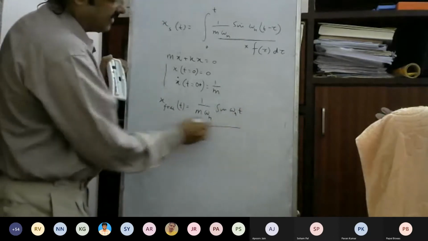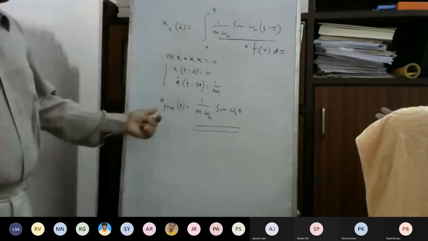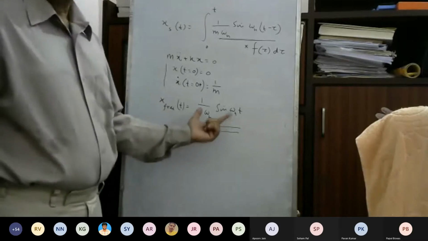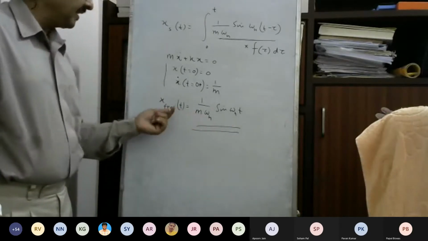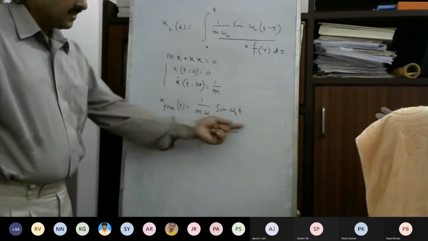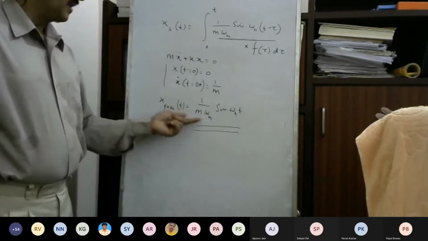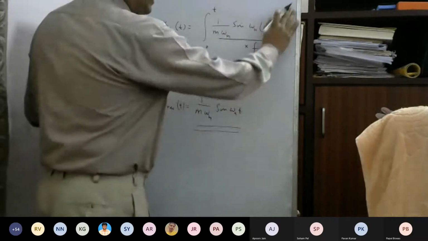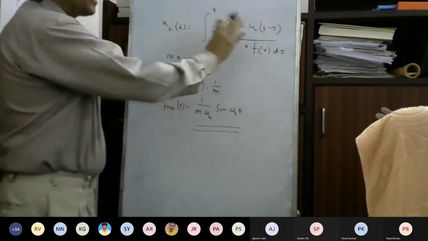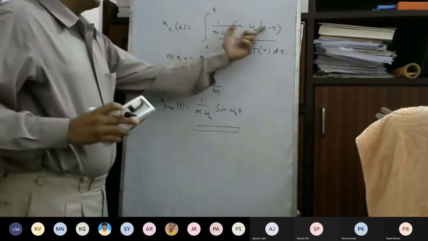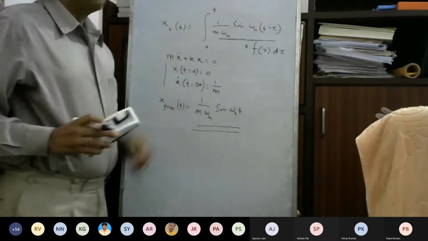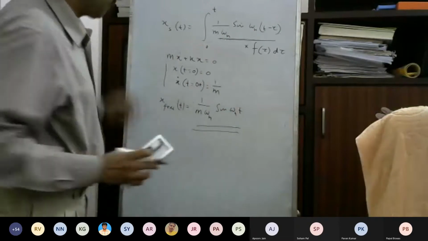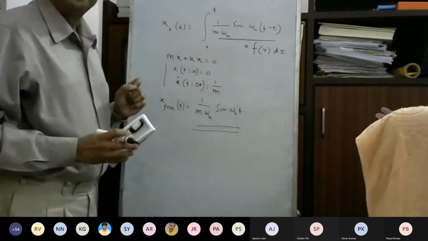This is nothing but the response of the system due to a unit impulsive load. So a unit impulse results in a motion expressed in this form, 1 by m omega n sine omega n t. The sine of omega n t minus tau, which I will explain why it comes, divided by m omega n, is nothing but the unit impulse response. Okay, clear to you?